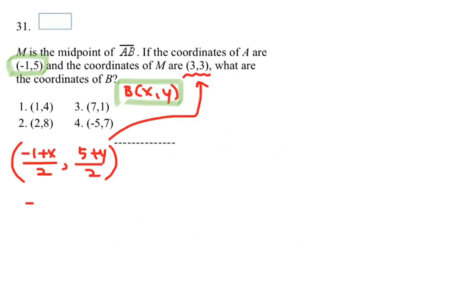Then here we get (-1 + x)/2 must be equal to 3. Then obviously we put it over 1 and cross multiply them. Then we get -1 + x = 6. Now what do you realize about x? That's right, by adding 1, x must be equal to 7.